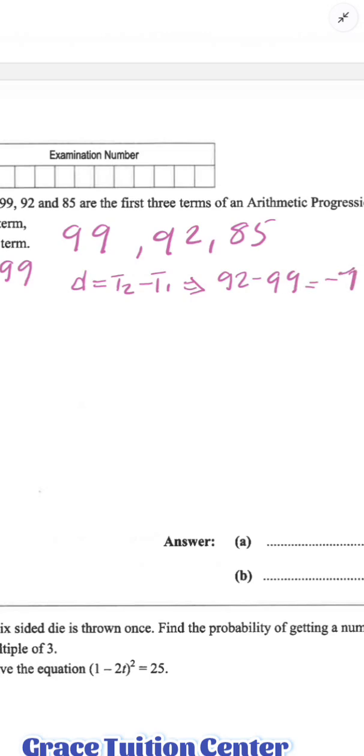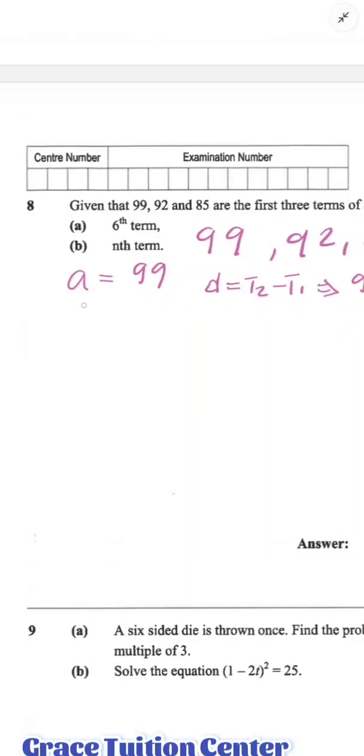Negative 7 there. Good. So our common difference is negative 7. Since they're asking us for the 6th term, we can say our n is equal to 6. Is that okay?